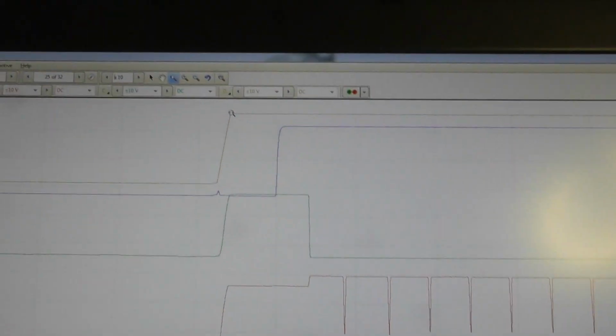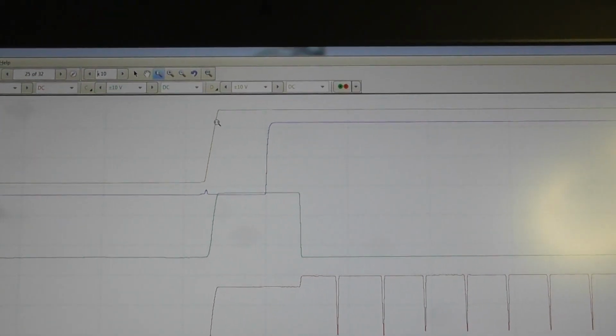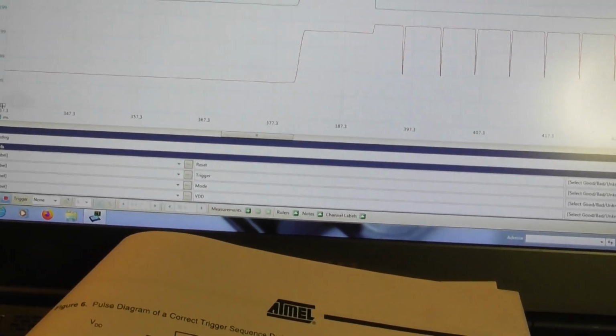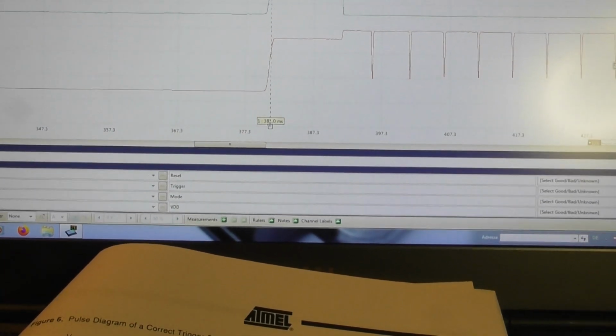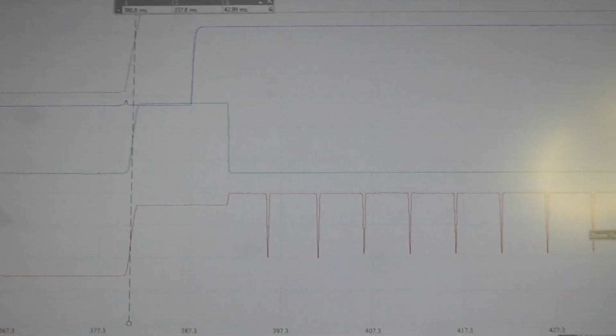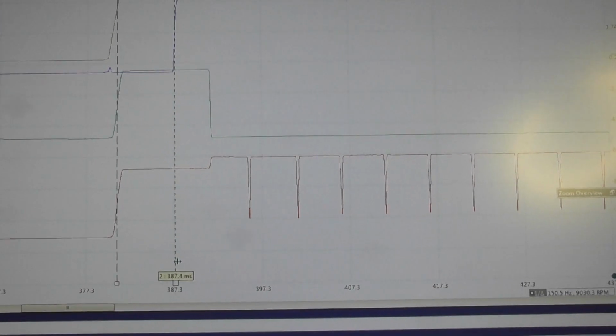Now let's measure the time between the supply voltage appears and the reset goes high. It should be 6.7 milliseconds. Let's see. One cursor here, one cursor there. Not bad.